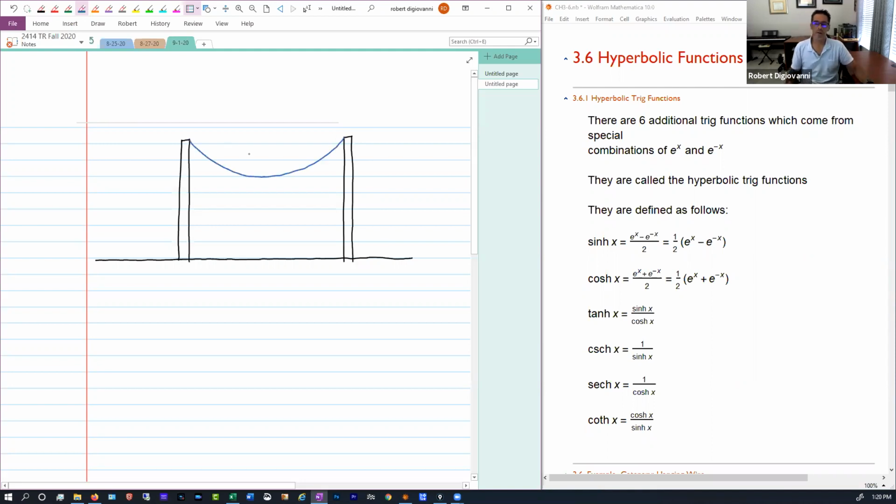This is not a theoretical thing; this is a real physical situation. You have two poles and a wire hanging between them. The shape of that wire is a question mark. What is it, right? Because gravity takes over and it just forms its own shape.